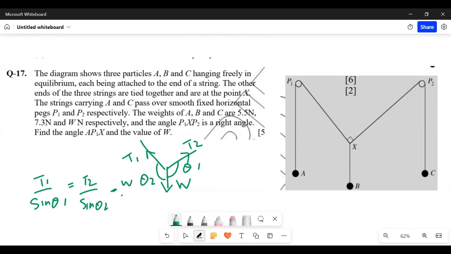And then weight over, let's say this is the angle opposite to the weight. So let's call it theta 3.